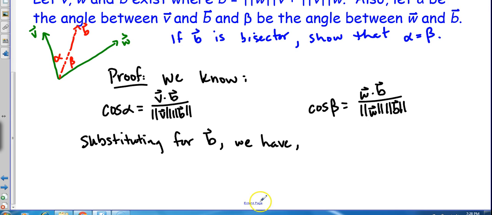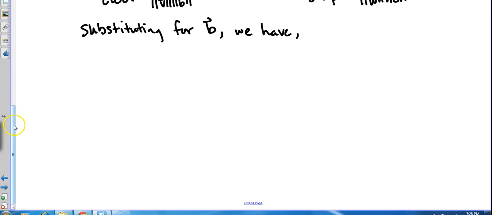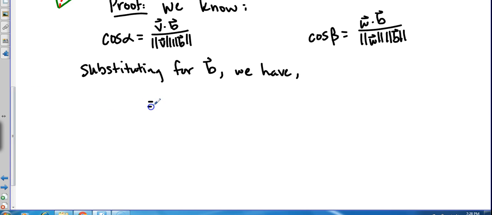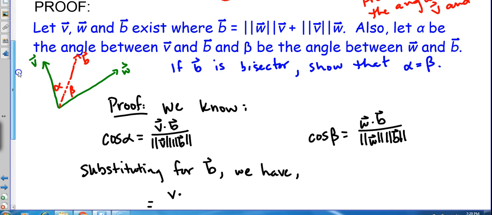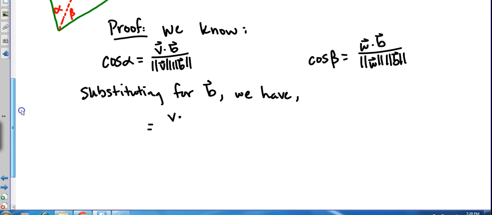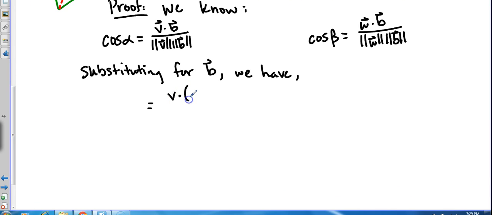So we can just say by dot product properties, property number 1 that we looked at earlier in the video, we can simplify this.